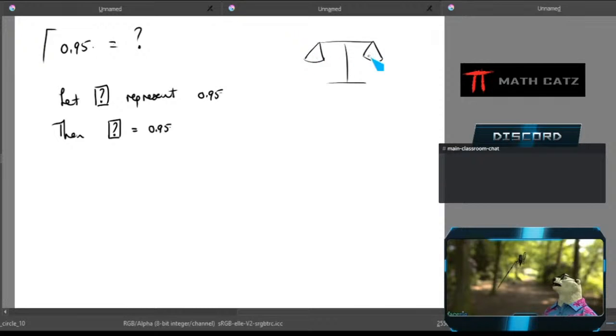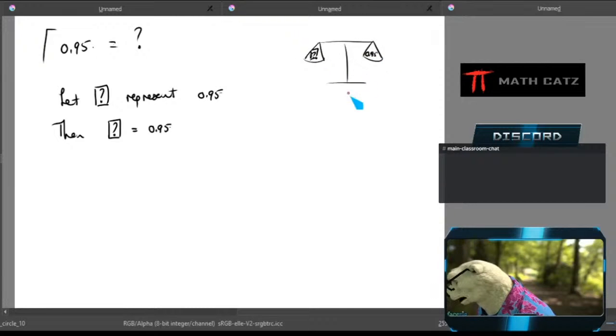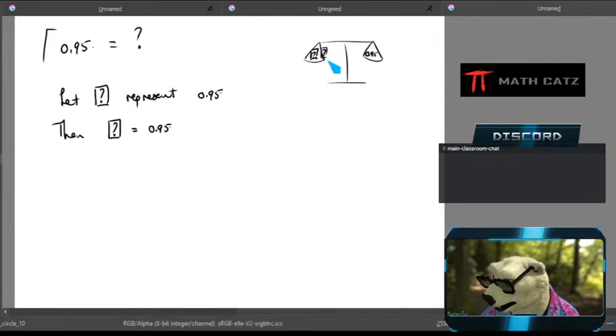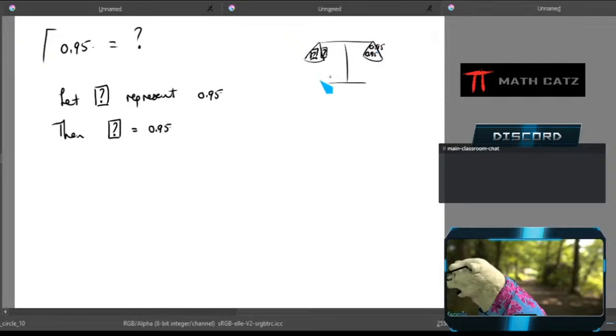If the scale remains in balance, then the two sides are equal. So right now I have an equal, so the question mark in a box and the 0.95 are perfectly in balance. If I now put another question mark in a box on the left side, I'm going to have to put another 0.95 on the right, and then everything will be in balance again.